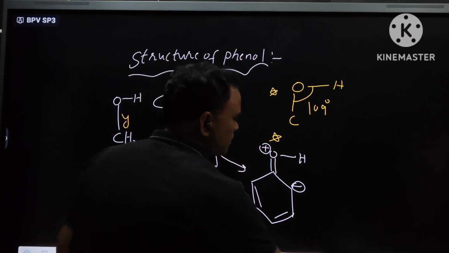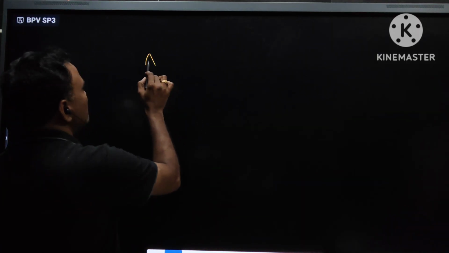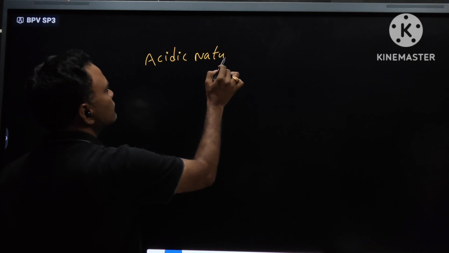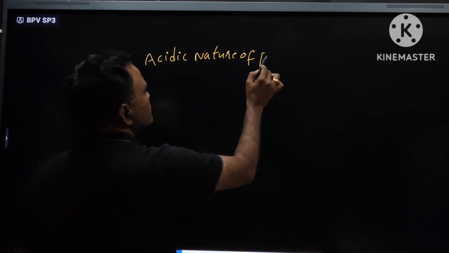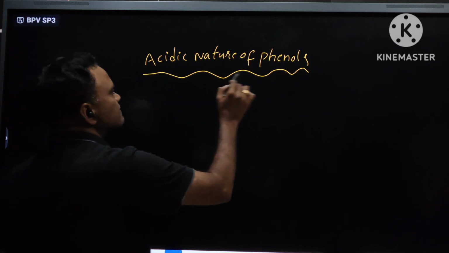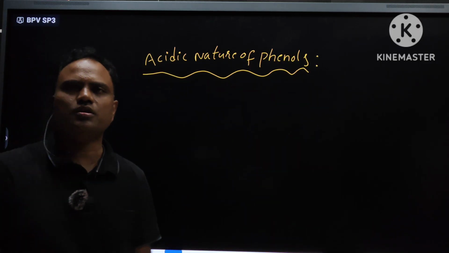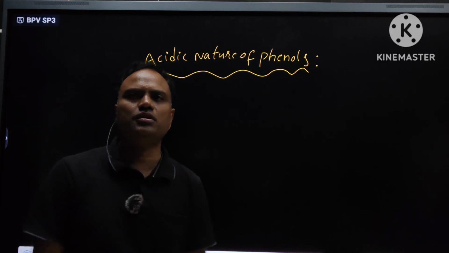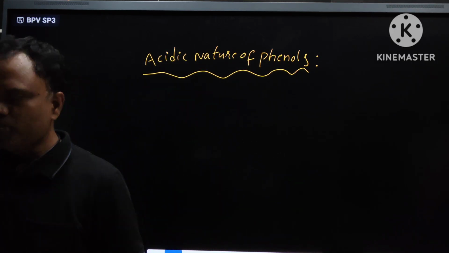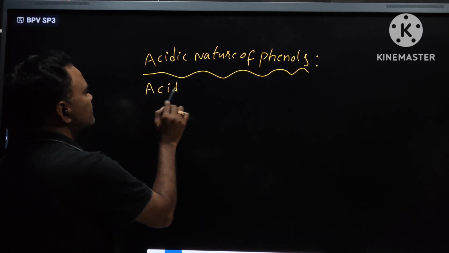Now let us start acidic nature. Acidic nature of phenols. You tell me, what is the Arrhenius acid definition? How to define an Arrhenius acid? According to Arrhenius theory, what is an acid?